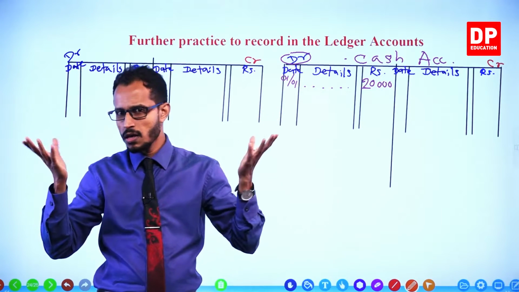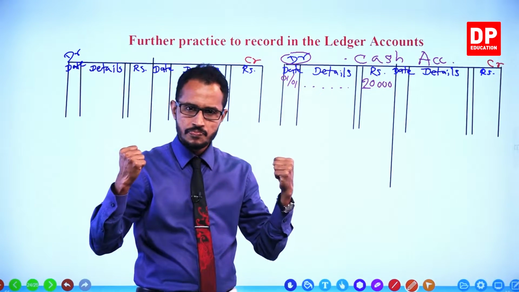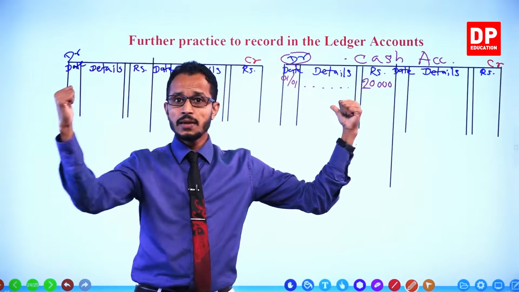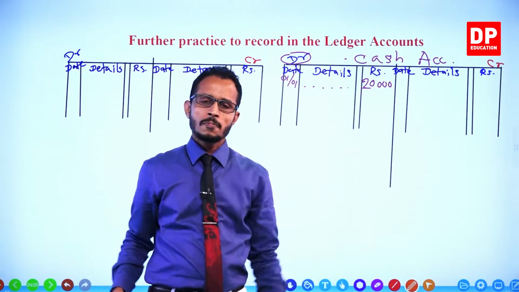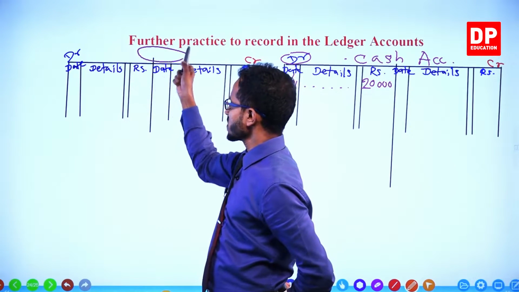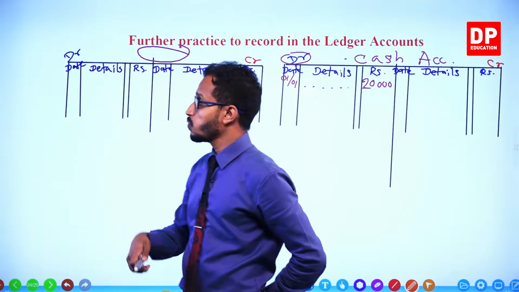Did you get the idea? The description of this account should be the name of the other account. So first of all, you have to decide what is the name of this account. Which account is this?